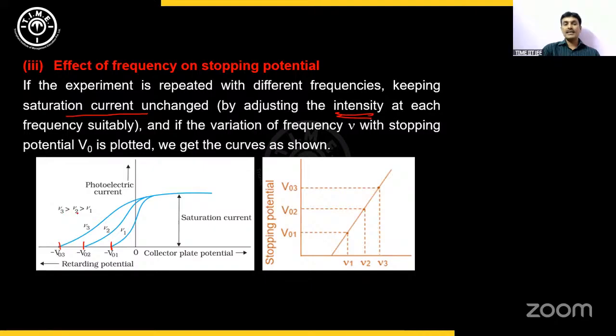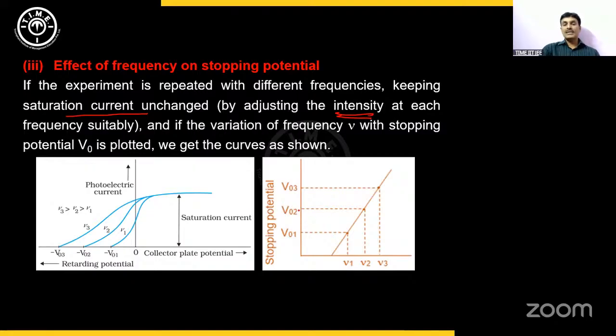Nu 3 is greater than nu 2, which is greater than nu 1. Proportionally, V naught 3 is more than V naught 2, which is more than V naught 1. So with an increase in frequency, the retarding potential also increases. But as long as the intensity is maintained constant, the saturation current remains the same for all three radiations.